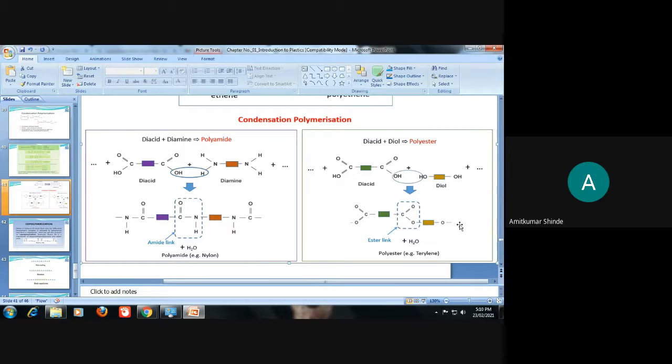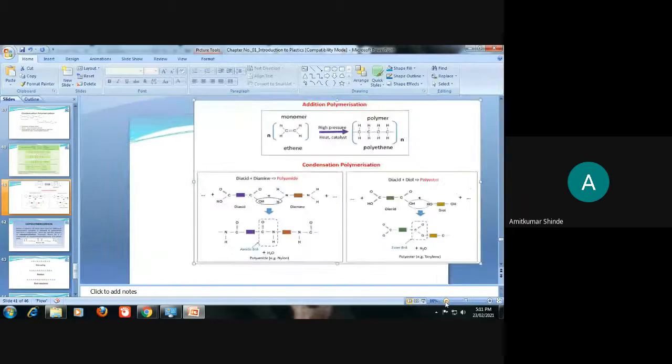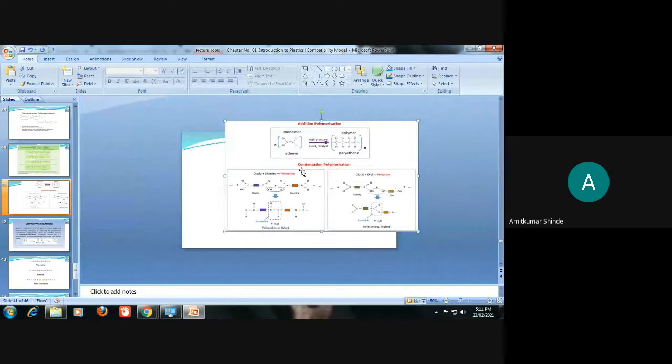These two are the examples of condensation polymerization. Polyamide, from which nylon is one practical example, and polyester, from which terylene is one example. Okay, so these are the examples for addition polymerization and condensation polymerization.